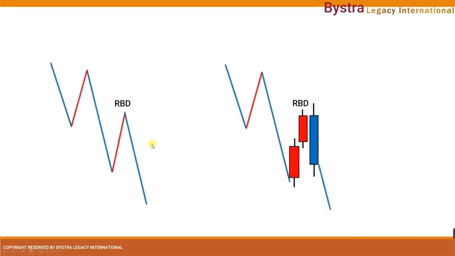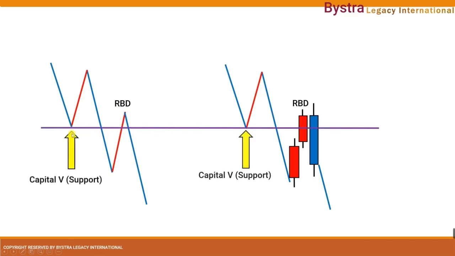So let's have a look at another example again. So this time the rally base drop will be slightly higher than the capital letter V. It's no issue. This will be a valid SOP as well. So we first mark the horizontal line. Okay, this is the capital V, which is the support, aligned with the rally base drop. This is a very good SOP for the SNRC2 as well.